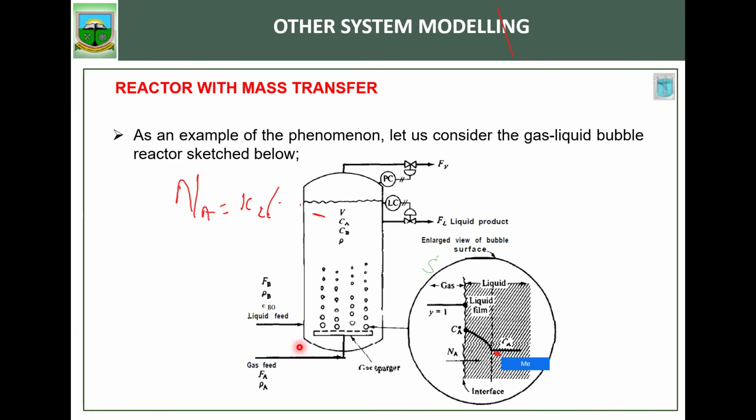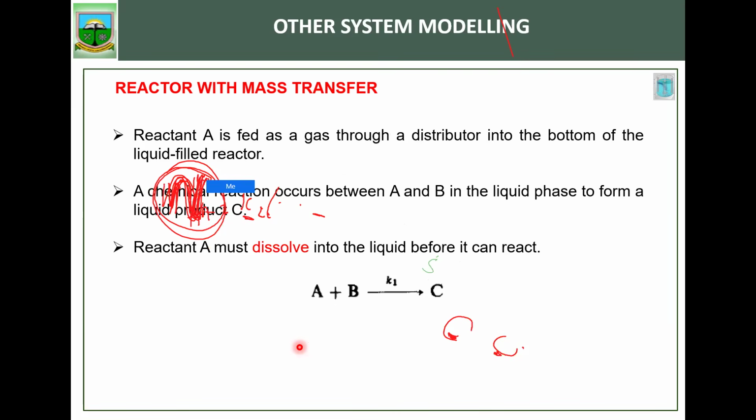This amount here is more, and this will be less, minus this, times the mass transfer coefficient. It gives you the mass flux or the transfer flux into the bubble.